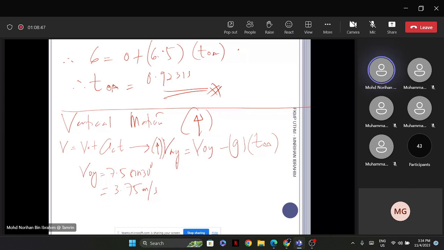So just substitute into these equations. VAY is equal to 3.75 minus 9.81.